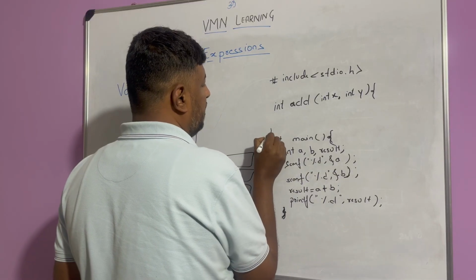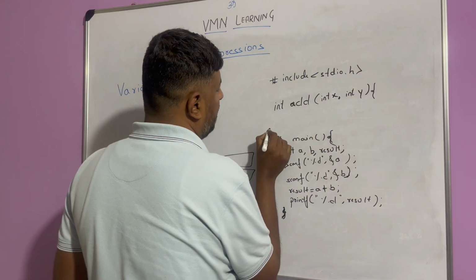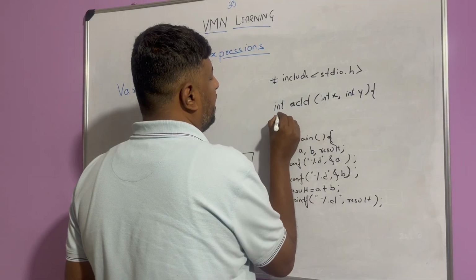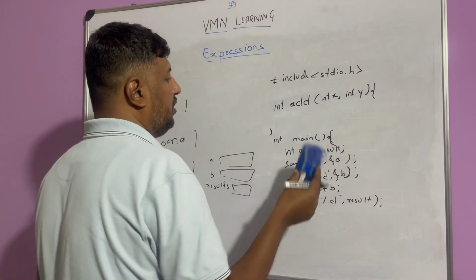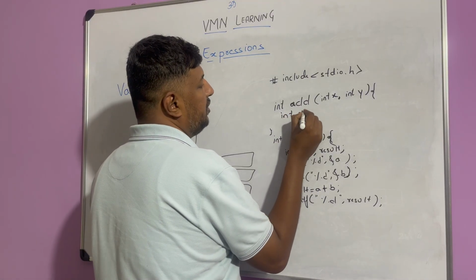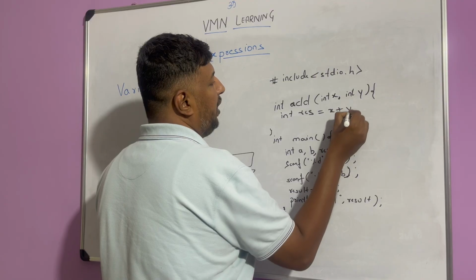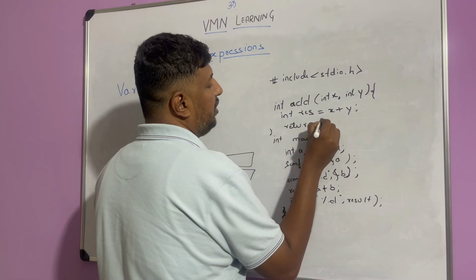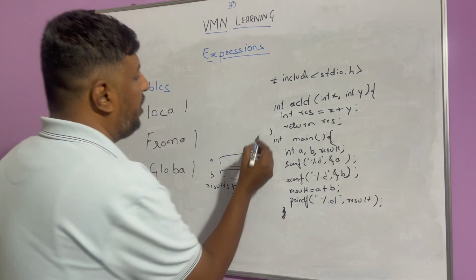It has another variable called result. int result is equal to x plus y, return result.